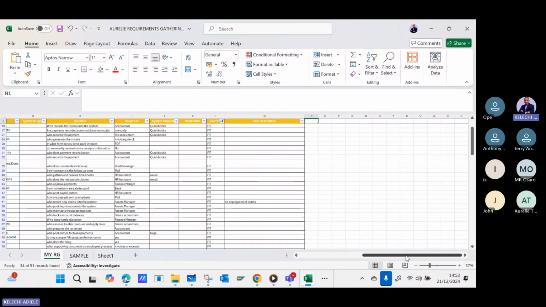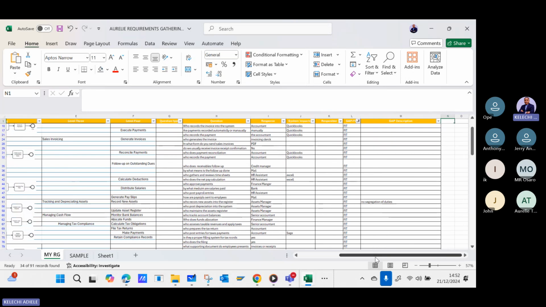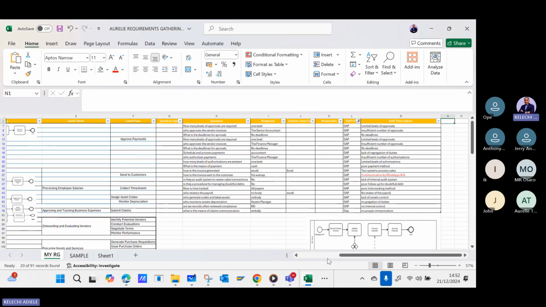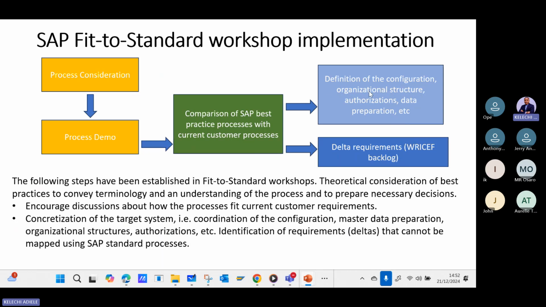Once you're done and you've come up with your business blueprint, the functional consultants will start configuring the fits, because if they fit, then let's start configurations. It is the gap that will take some time. For the gaps, it will require some more discussion, some more decisions. So these gaps, we will pack them in the RISEF documents and make decisions around those gaps. But once fits are identified, configuration and everything should start.